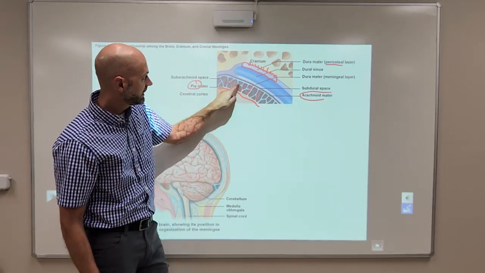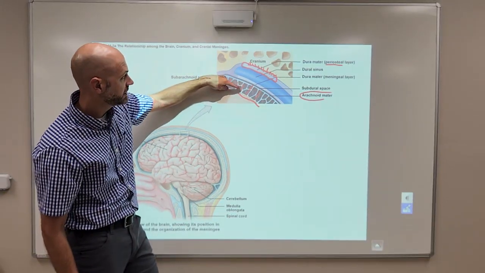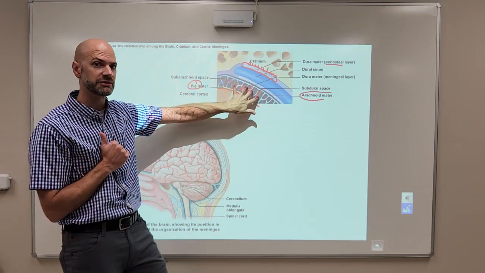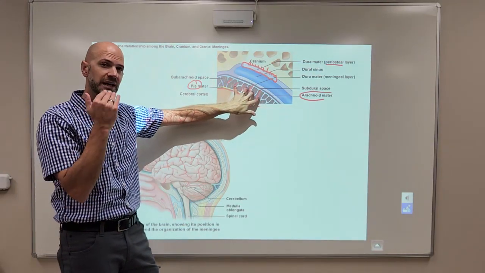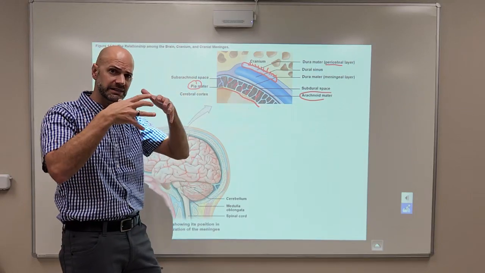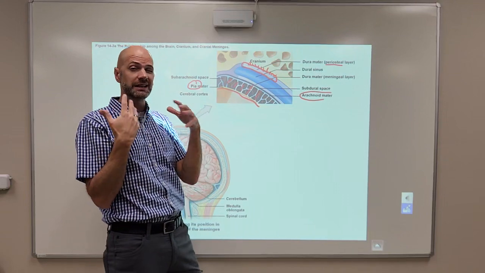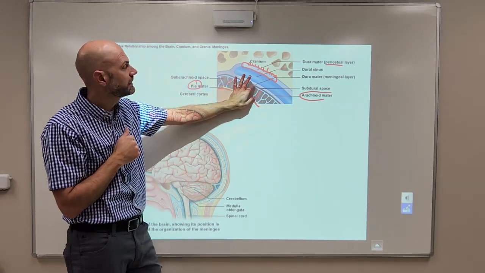Here's the arachnoid, and these arachnoid trabeculae span the distance between pia and the arachnoid. That space is filled with cerebrospinal fluid, a watery cushion in which the brain is suspended, as it were. Now, it's not floating exactly, but it is cushioned by that layer of fluid.